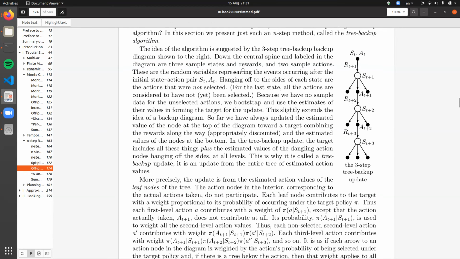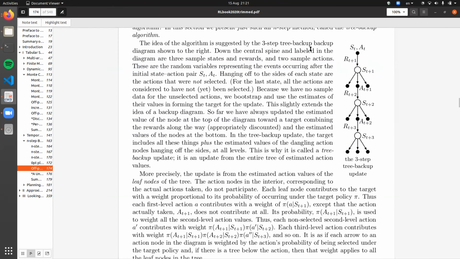And here is a backup diagram for this tree backup algorithm. We have 3 steps here.